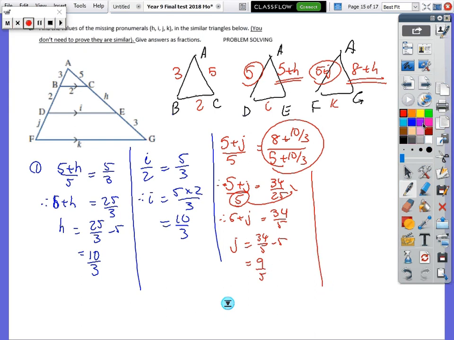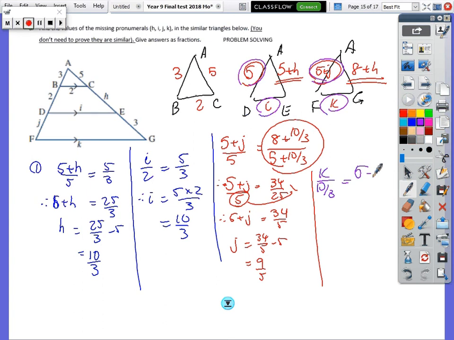And the last one, K over I, which is 10/3, equals 5 plus J over 5.